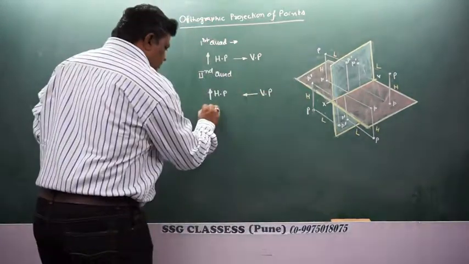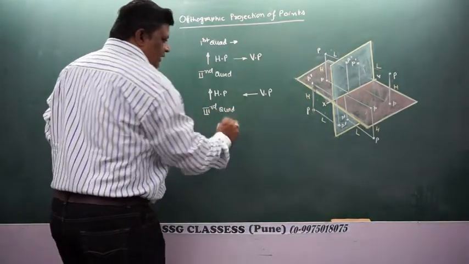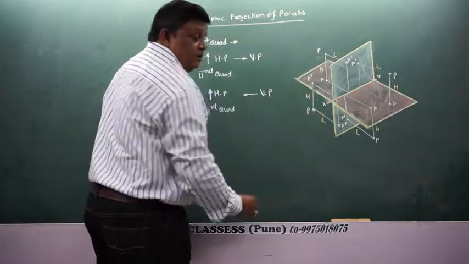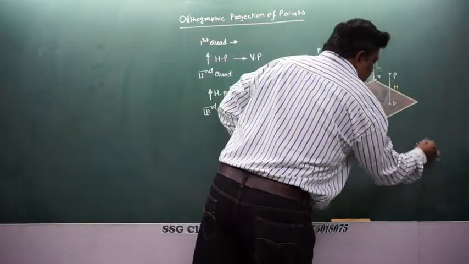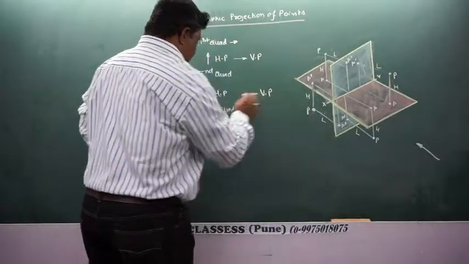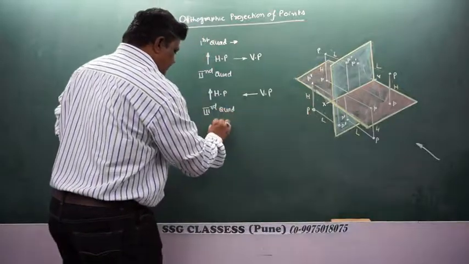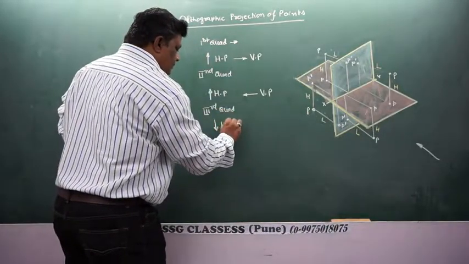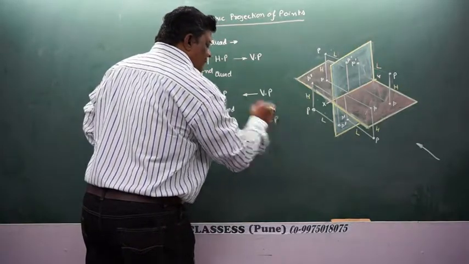Clear? Third quadrant please. Now the point is here. So it is behind VP. The observer is here now. It is behind VP but below HP. So I can simply say below HP and behind VP.